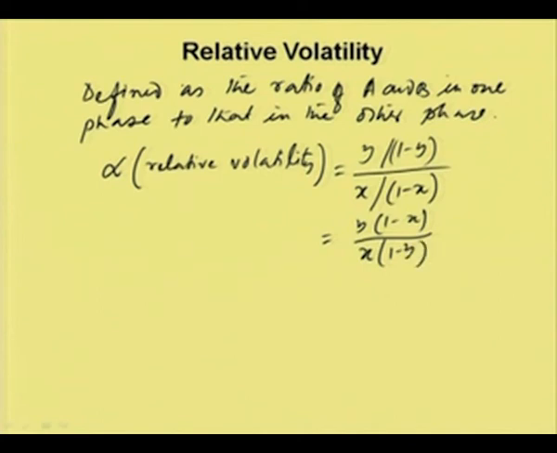This can be rearranged and we can write y is equal to x alpha divided by 1 plus x into alpha minus 1.